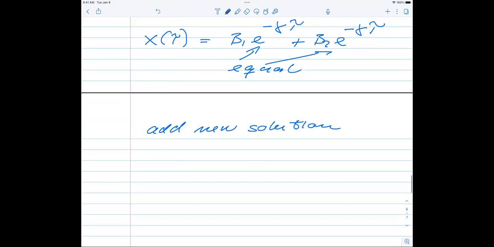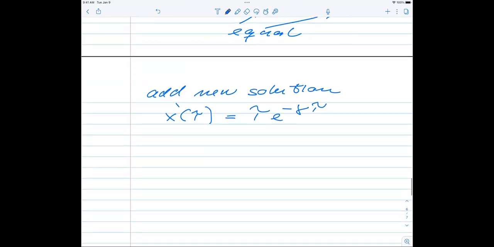The simplest one we can think of, which still has the damping, is a solution of the type x prime, given by tau times e to the minus gamma tau. And you will see that this is also a solution if we plug it in. So let's assume that this is an additional solution and we just call it x of tau, for simplicity.